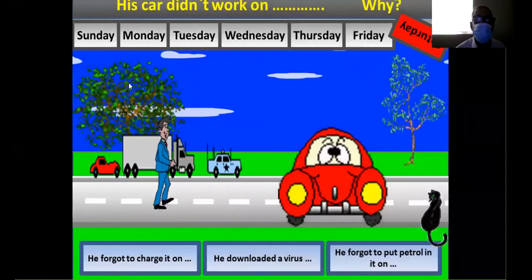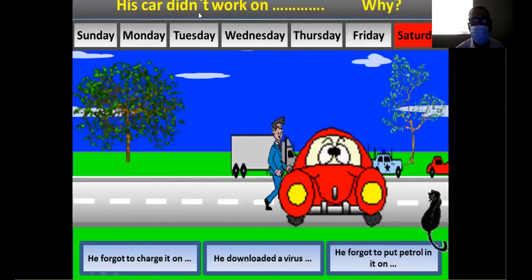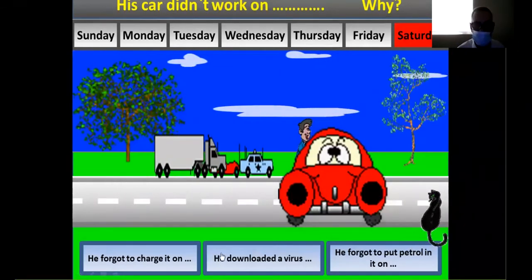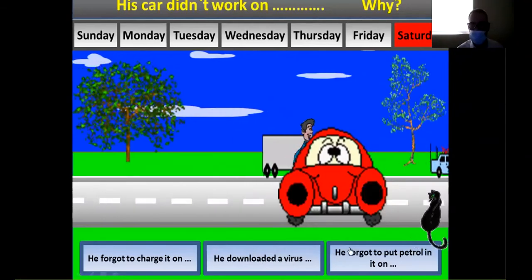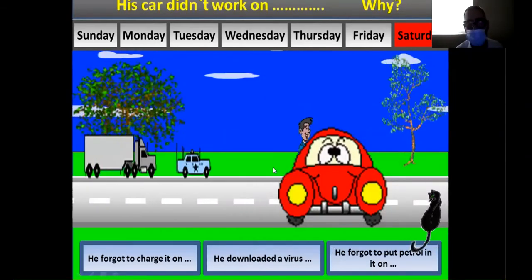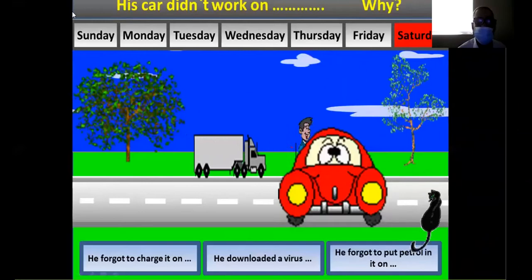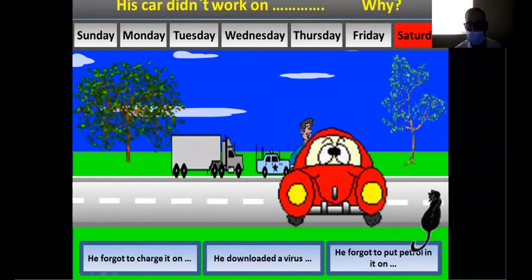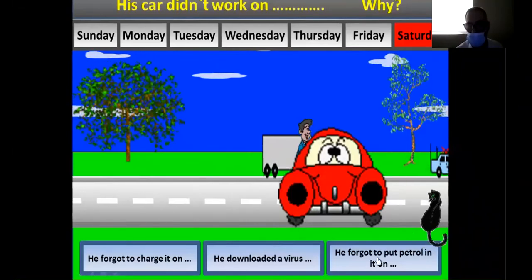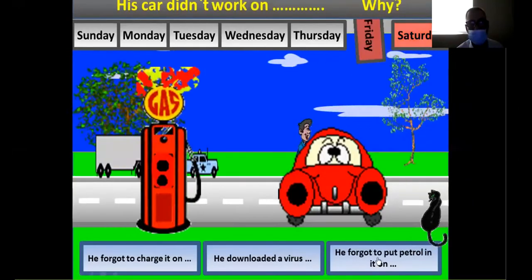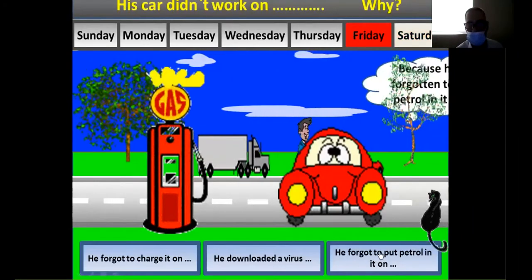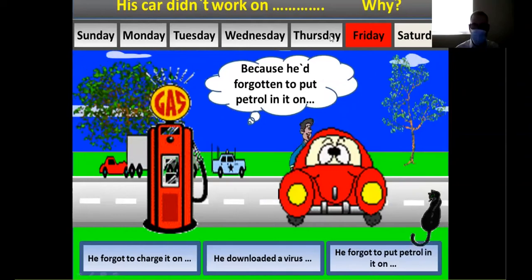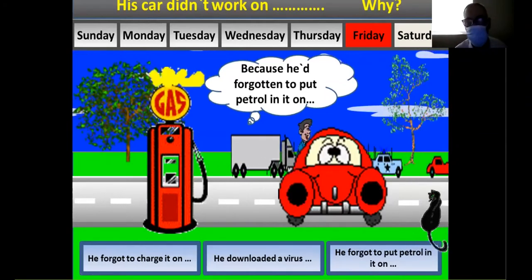Okay, his car didn't work. As you see here, he forgot to put petrol in the car. Why? Because he had forgotten. So now I change it into past perfect. He had forgotten.